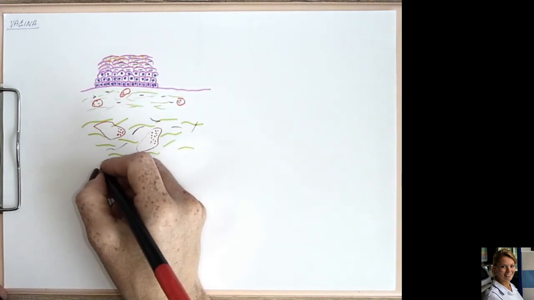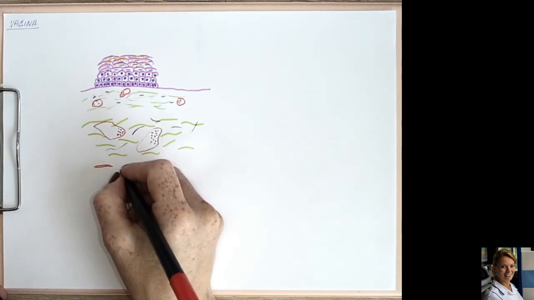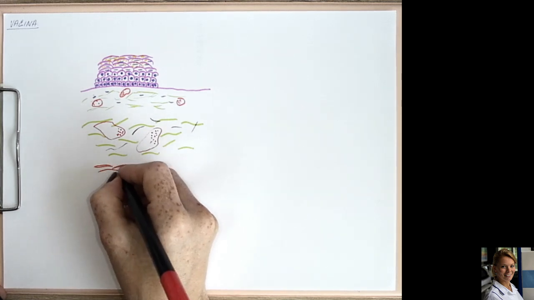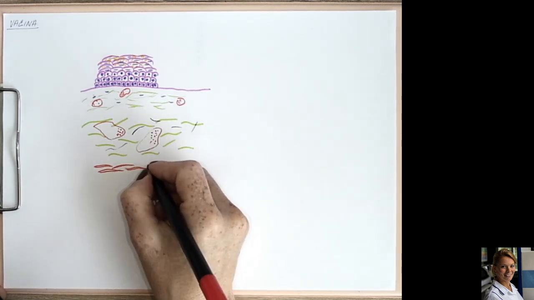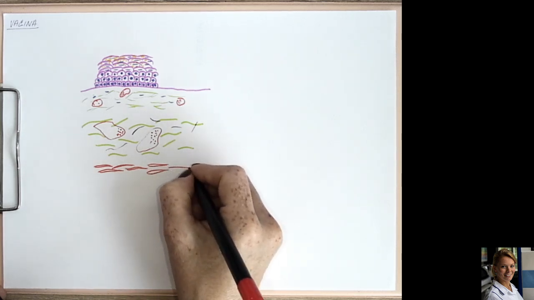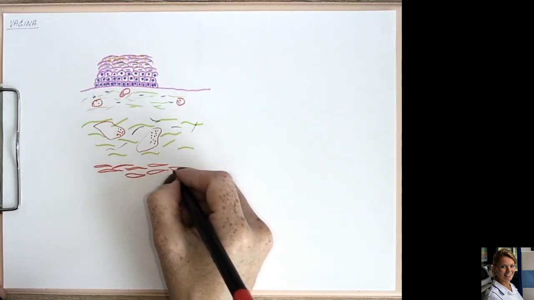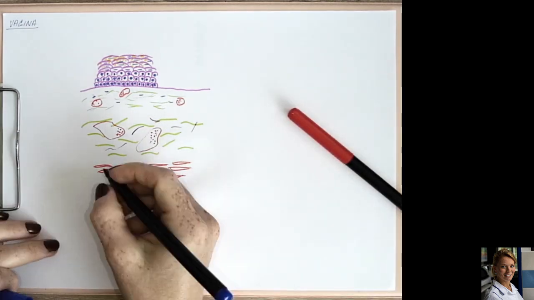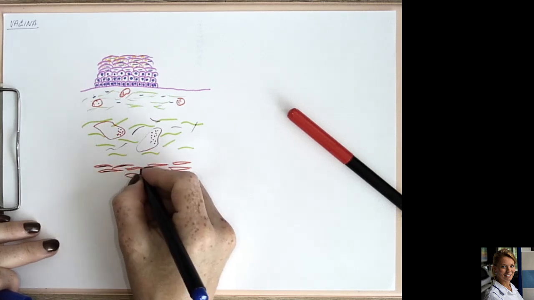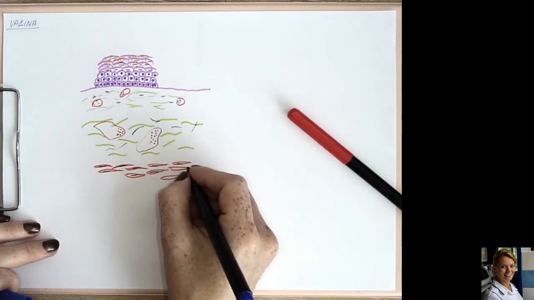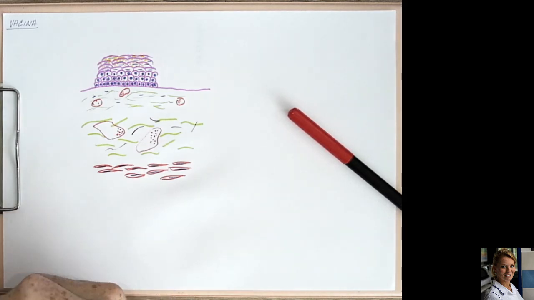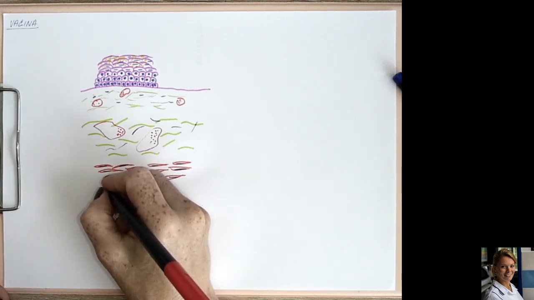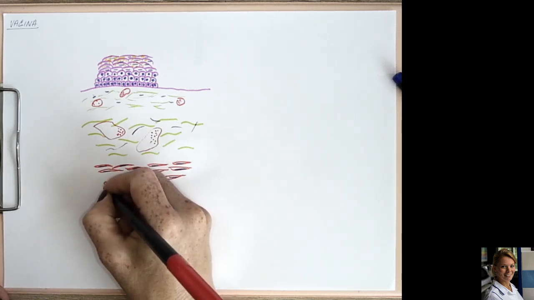Firstly, is circular layer, thin layer of smooth muscle cells. Outer layer, longitudinal layer, more thickened.